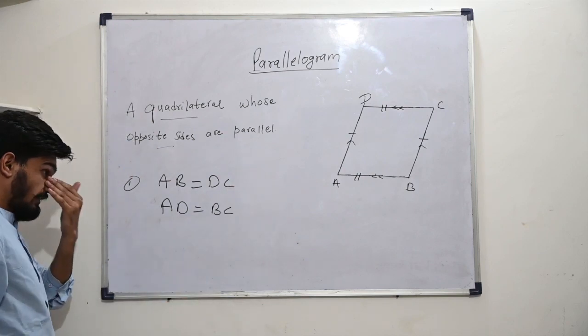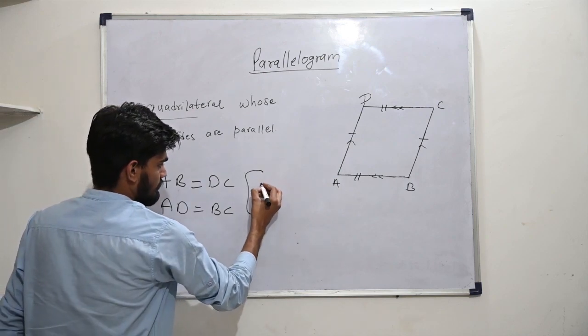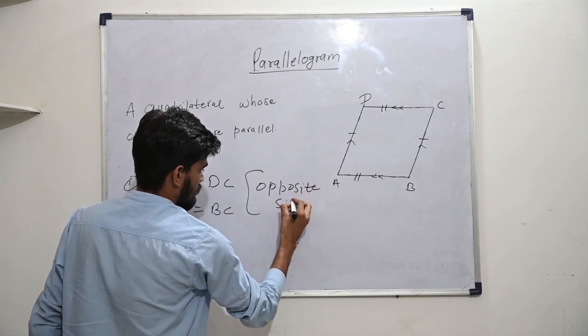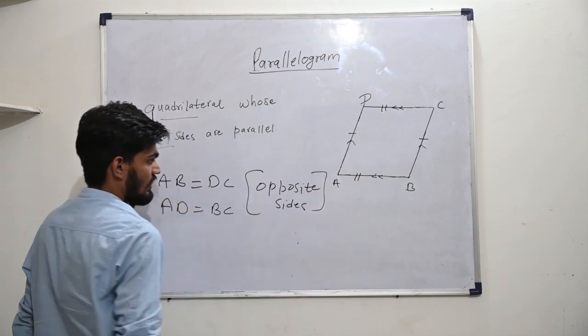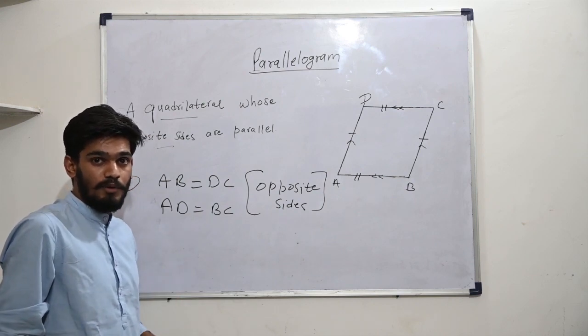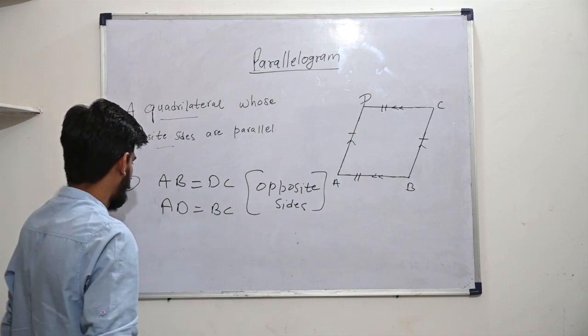Okay. Then we talk about the second property. The second property says that opposite angles of a parallelogram are also equal.